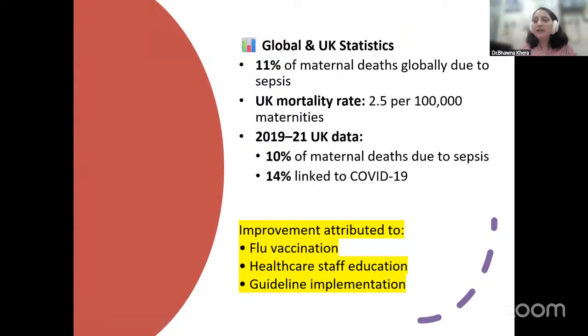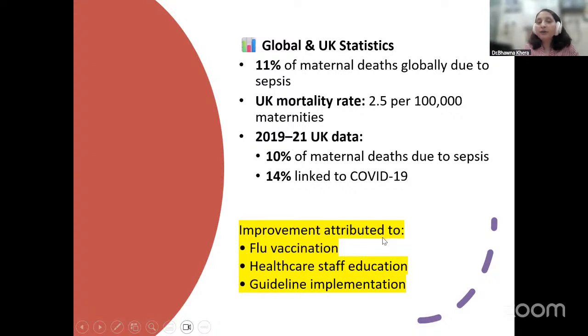Something about the epidemiology. Global and UK statistics: 11% of maternal deaths globally are due to sepsis. UK mortality rate is 2.5 per 100,000 maternities. And 2019 to 21 UK data suggests that 10% of maternal deaths were due to sepsis. Still a huge number and a long way to go. And 14% were linked to COVID-19 during this period.